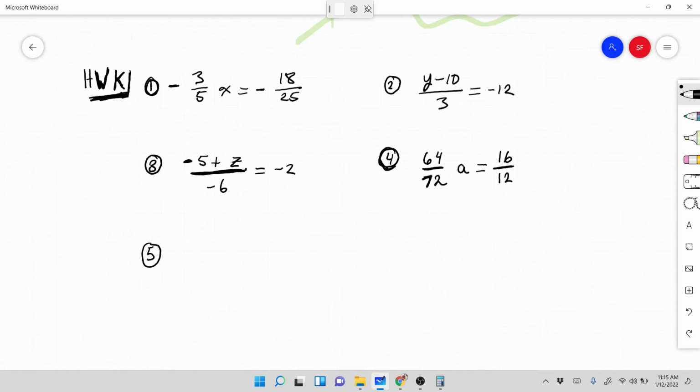Number 5 is going to be negative x minus 1 equals negative 1.